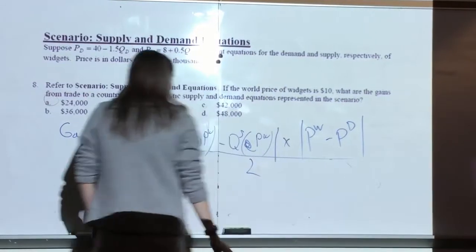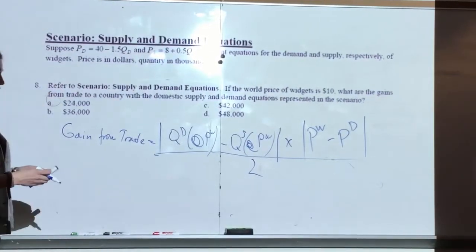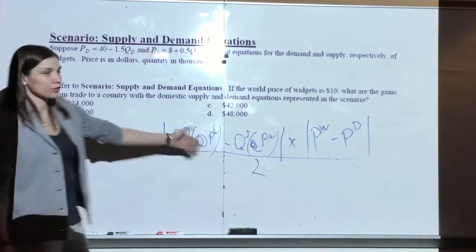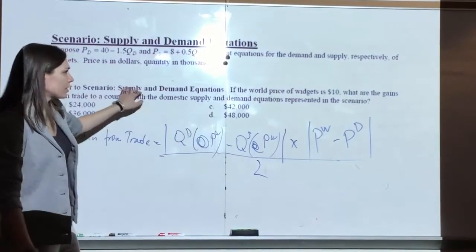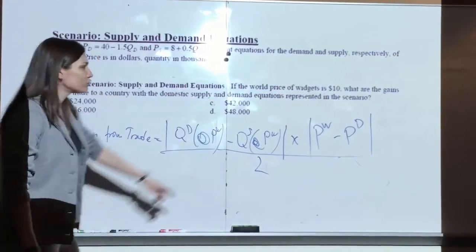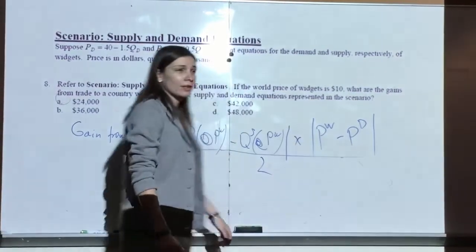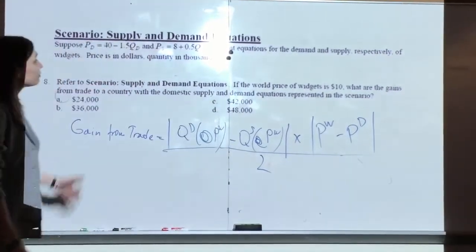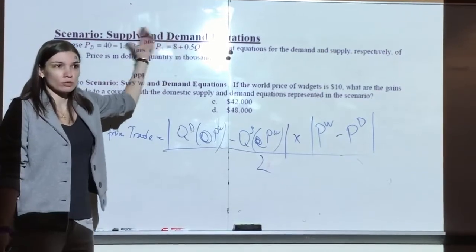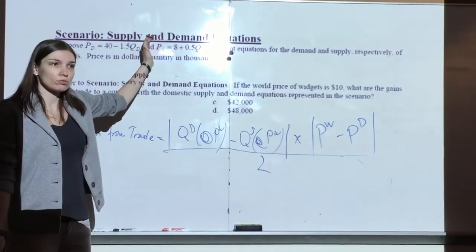Given that formula, first of all I need the world price, and I'm given that, it's 10. I need the equilibrium domestic price with no trade. I don't know that, but I can find it by setting the two equations equal to each other.